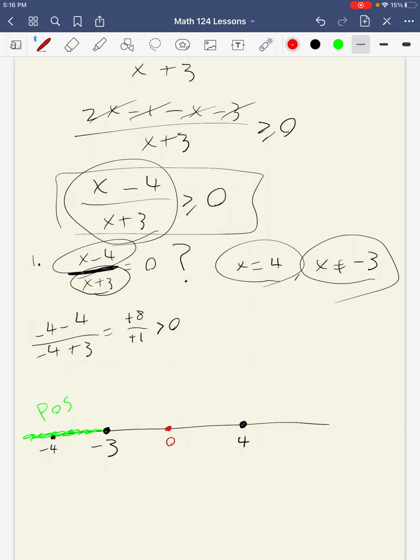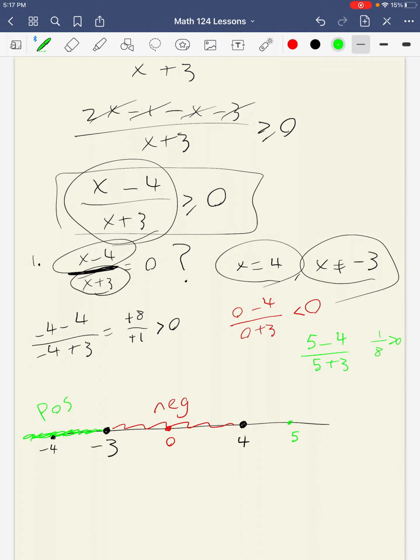Okay, here we could plug in 0, it's probably the easiest. If we plug in 0, you do 0 minus 4 over 0 plus 3. So negative 4 over 3 is negative. So in here, the outputs will be negative. Okay, let's plug in the number 5. 5 minus 4 over 5 plus 3, right?